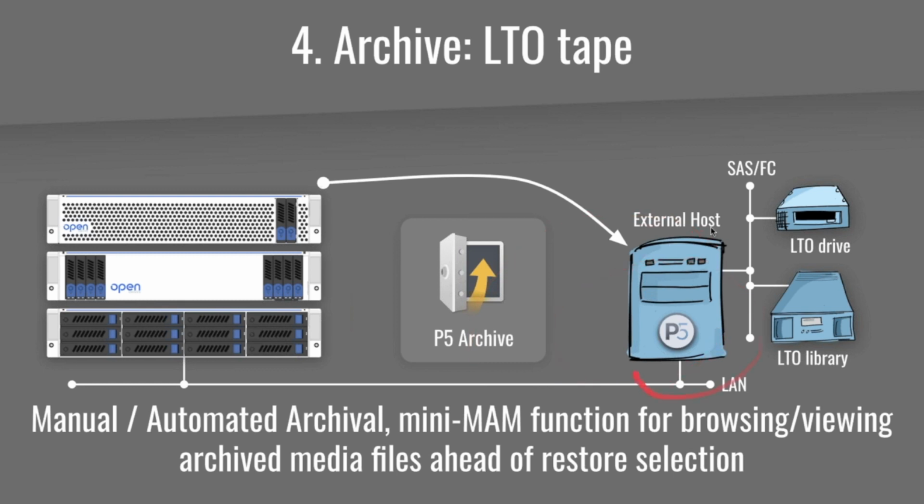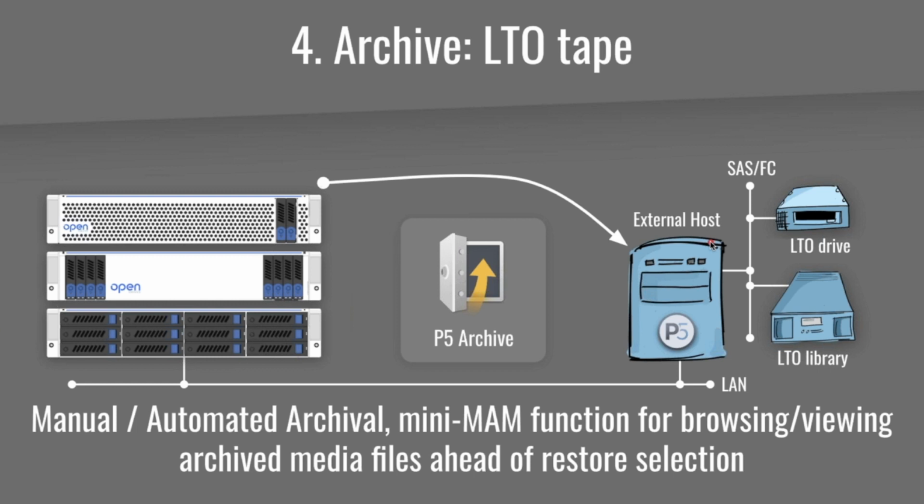We have an external host with either SAS or fiber channel allowing connection to the tape hardware, which could either be another rack-mounted LTO library that could sit in a rack with the OpenDrive's hardware, or you could just use a single standalone LTO drive or a couple of drives if you want to have immediate redundancy.